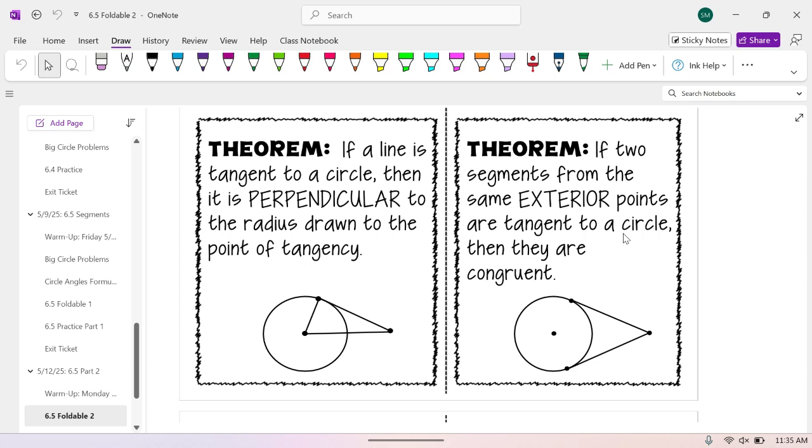So if I have, say, these two chords, so this EF, GH. Let's say that these chords are like this. What's true about those chords?